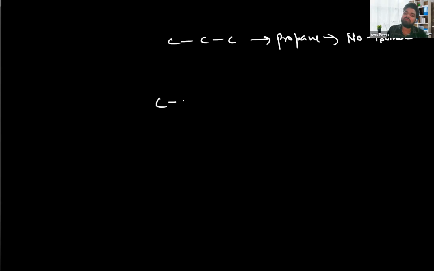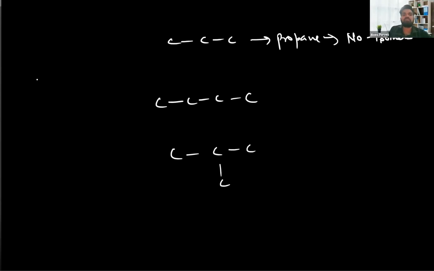If I talk about butane, are isomers of butane possible? Yes. When you remove 1 carbon from the termination, you cannot add it at the termination this way, because it is still a 4 carbon chain. So this is butane, this is one isomer. Then remove 1 carbon, take the 3 carbon main chain, and place it here.